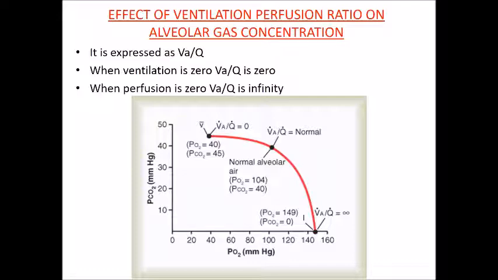So now the alveolar air composition will become equal to that humidified air, meaning PO2 of 149 and PCO2 of 0. So that is the last point, the lowermost point in our curve. So ventilation perfusion ratio can vary from 0 to infinity depending upon the condition of a person's lungs.